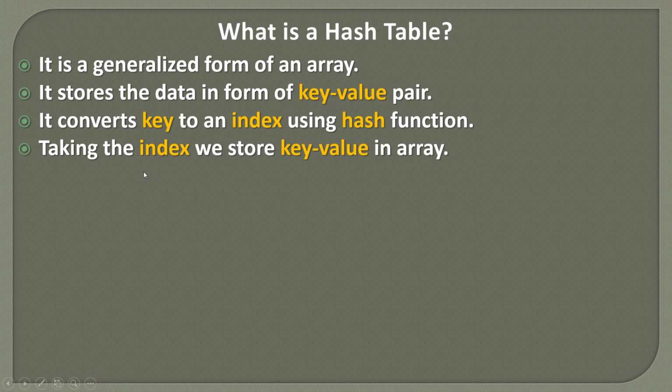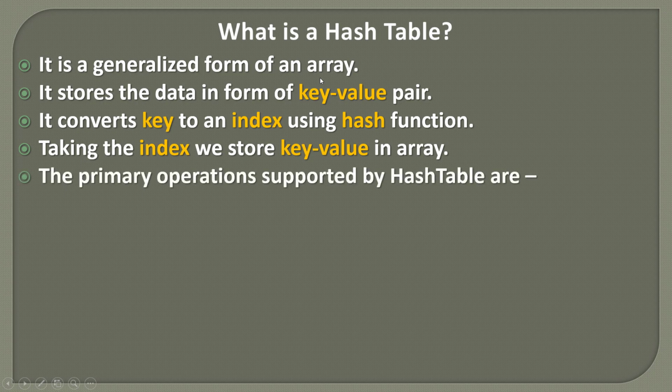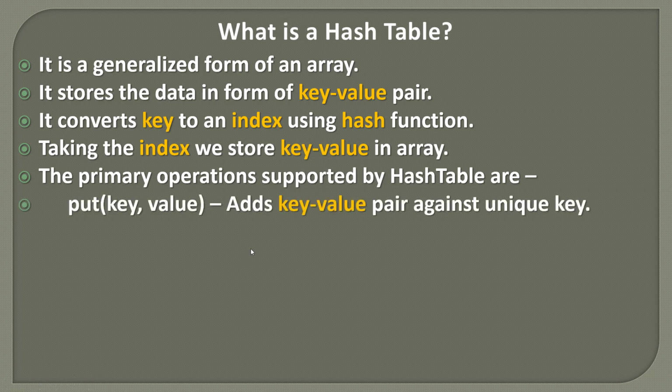Now we take that index and store the key value pair in the array, and the primary operations supported by a hash table are: first is put, which takes in a key and a value. This operation adds the key value pair against a unique key.